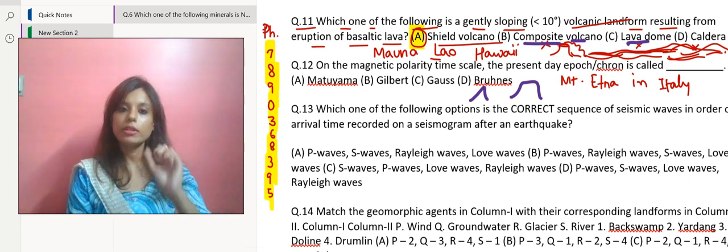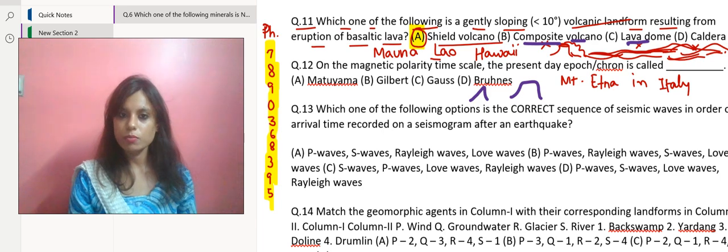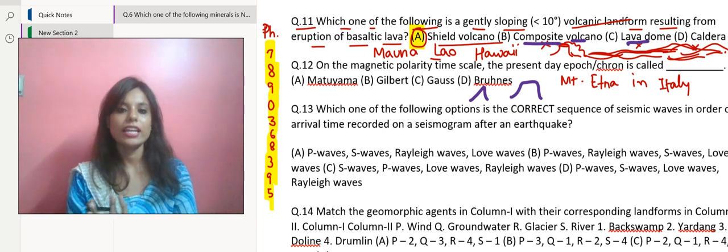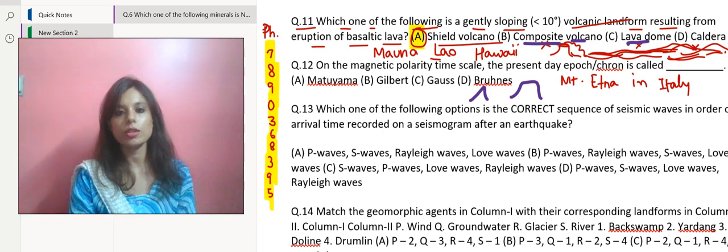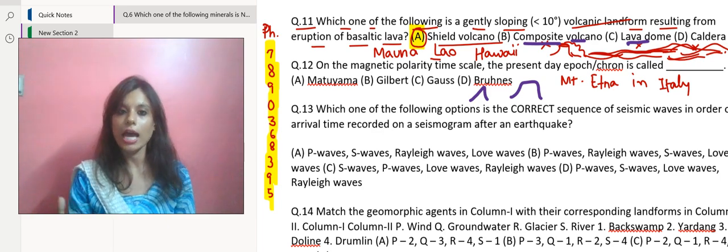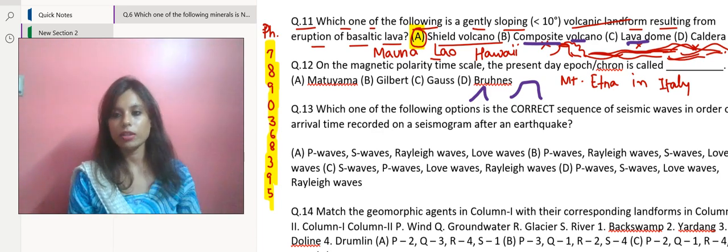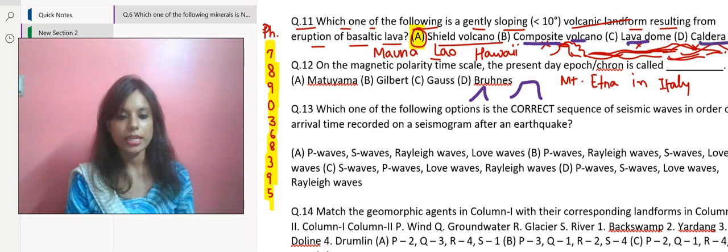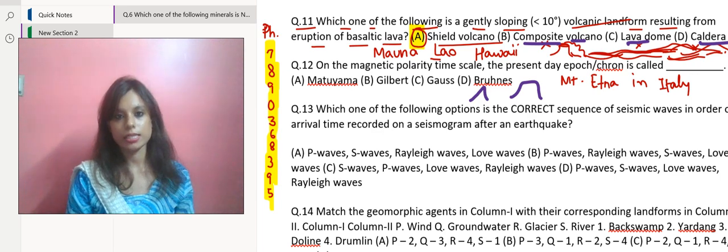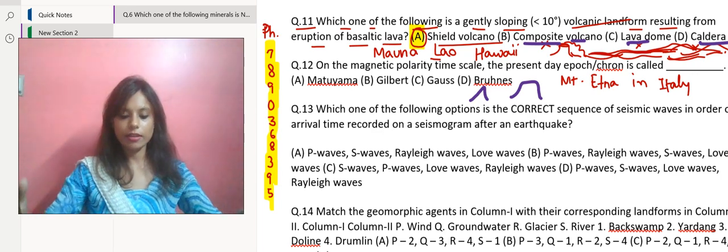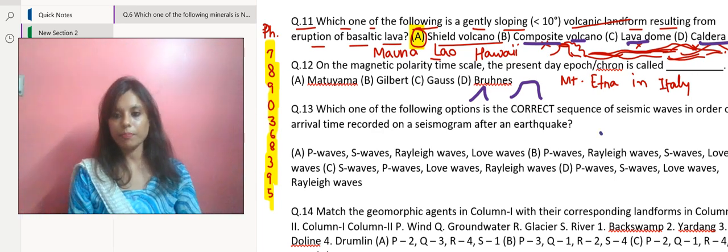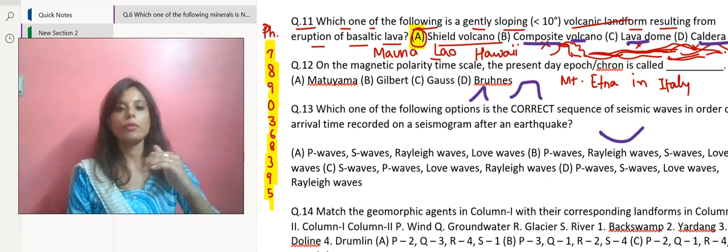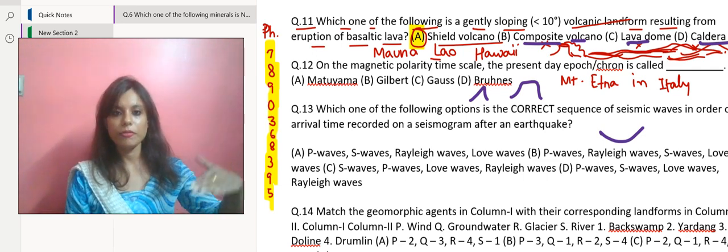Now moving over to lava dome. Lava domes are small bulbous volcanic mounds which are formed from the slow extrusion of highly viscous lava. And calderas, on the other hand, the last option that is left with us, calderas are large dome-shaped depressions. Depressions means it is not in the form of a mountain, it is in the form of a depression.